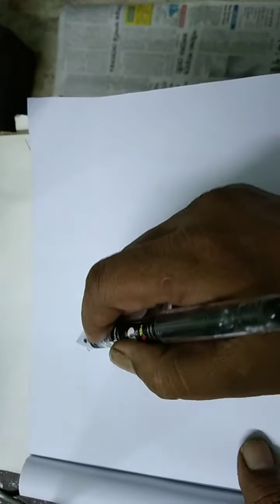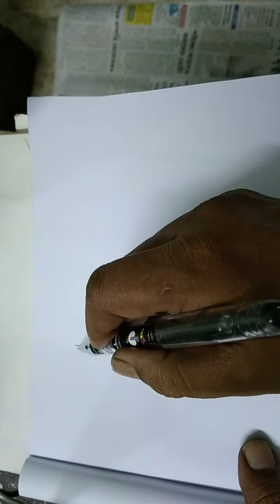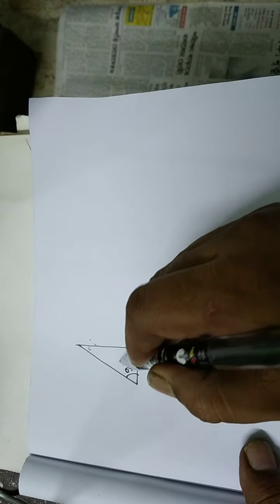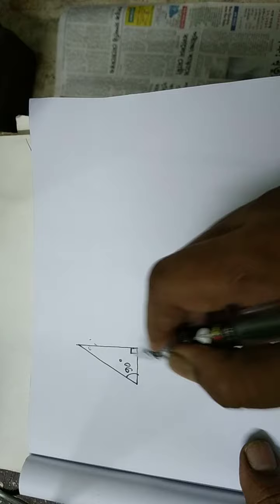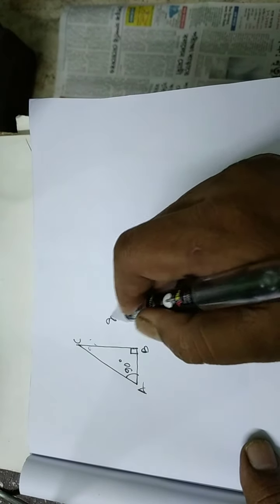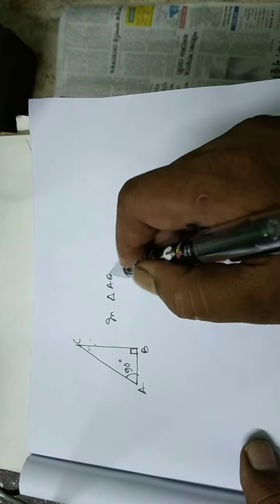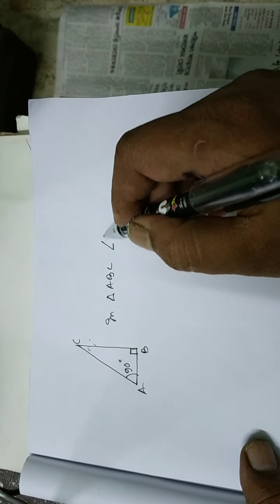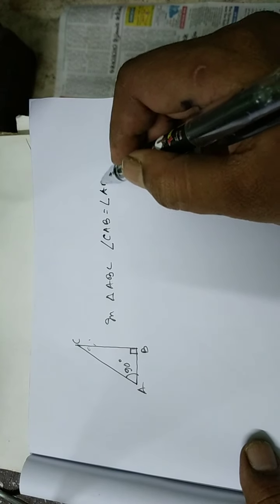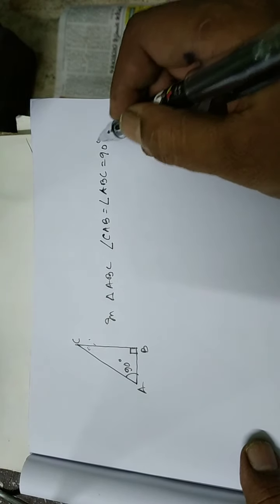And last, the angle 90 degree. Again, assume that this angle is 90 degree. This is also 90 degree. This is right angle triangle ABC. In triangle ABC, angle CAB equals angle ABC equals 90 degree.